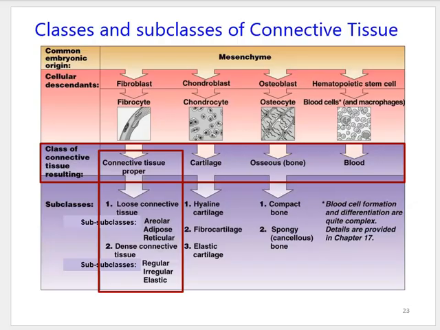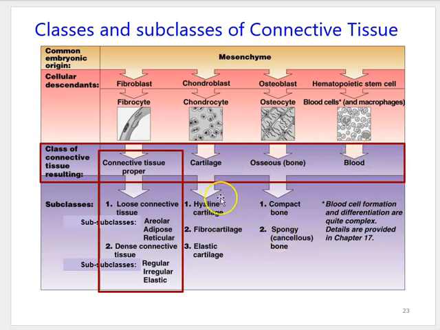Some terminology that would help make this consistent: I think of various classes within connective tissue, and those classes are connective tissue proper, cartilage, bone, and blood.